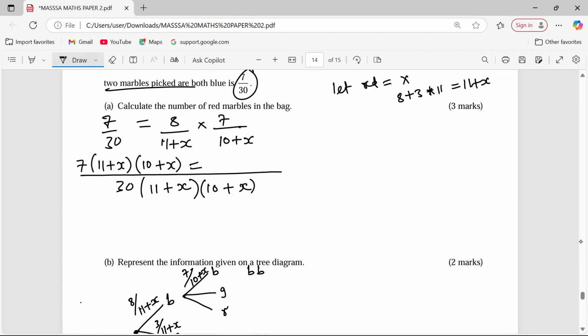We will have 11 plus X cancelling, so that we have 8 multiplied by 30 and also 10 plus X. Then multiply this by LCM.